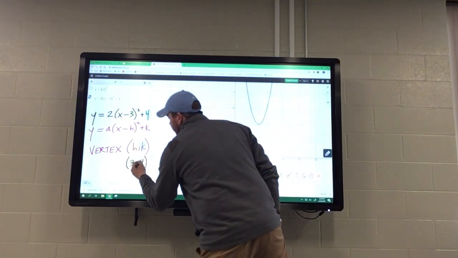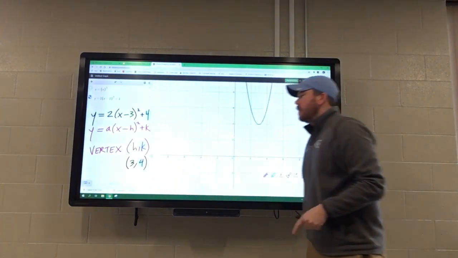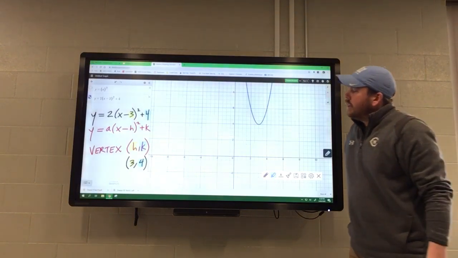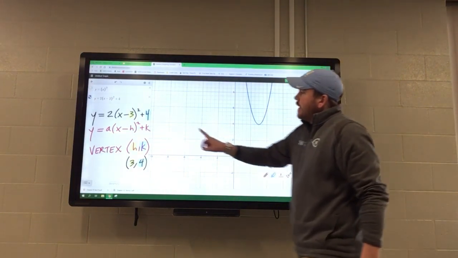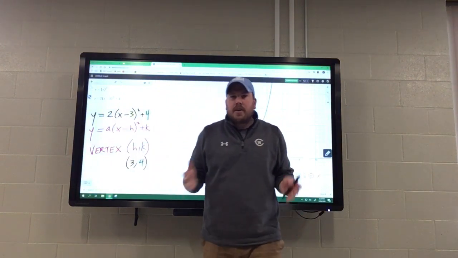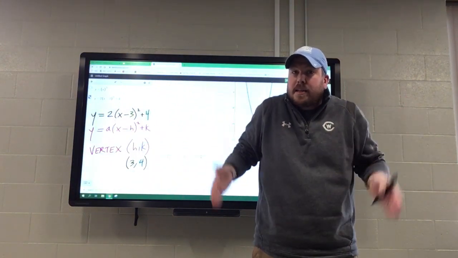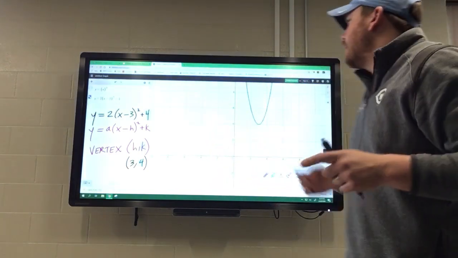So any function that's in vertex form, we can pull the vertex out just by looking at h and k. Another thing we can look at is this a value, which tells us the shape of the parabola. Is it going to be more narrow, more wide? Is it going to be flipped upside down or right side up?